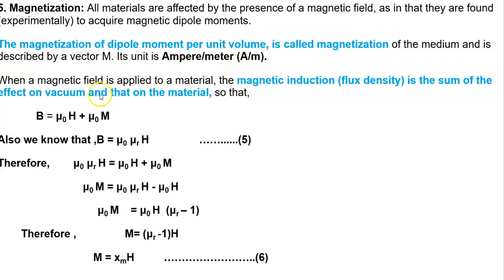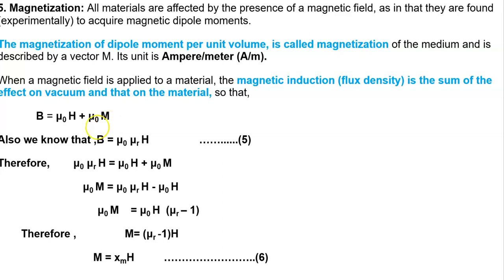Okay. So when a magnetic field is applied to a material, the magnetic induction, meaning flux density, is the sum of the effect of vacuum and that of the material. Total flux density in free space will be mu 0 H, where mu 0 is the permeability of free space. And when you replace that free space by putting some material in it, you will observe that the flux density is enhanced.